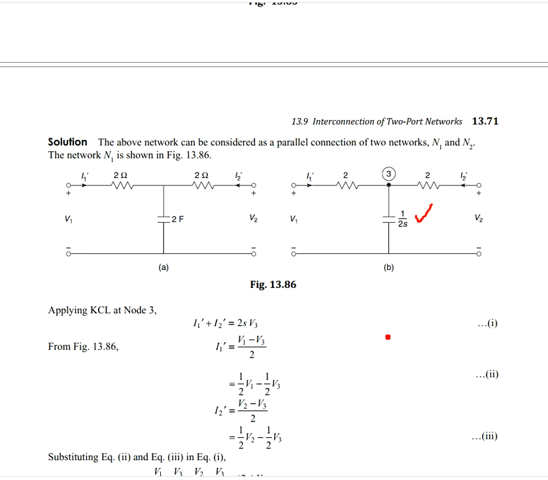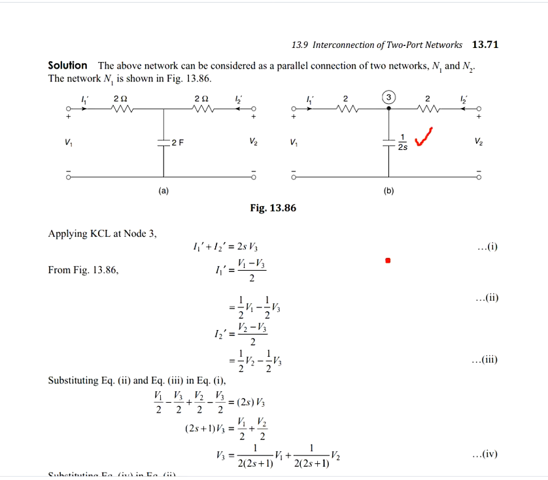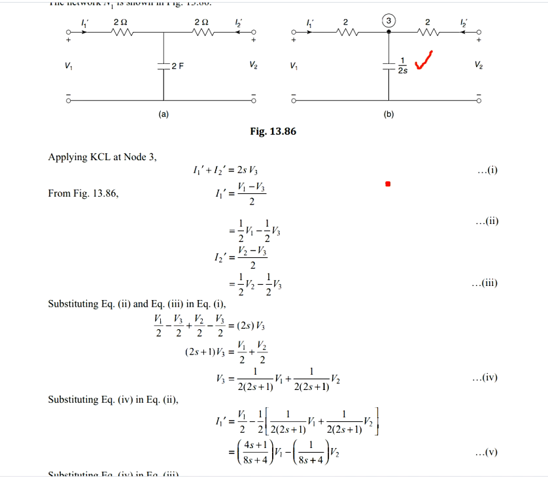Otherwise you can also get the current equations, which we can compare with the standard y parameter equations for getting y11, y12, y21 as well as y22. These are all based on KCL or KVL. I'm not going to discuss this. I just would like to tell you the procedure of determining the overall network's parameters based on the connections, right?